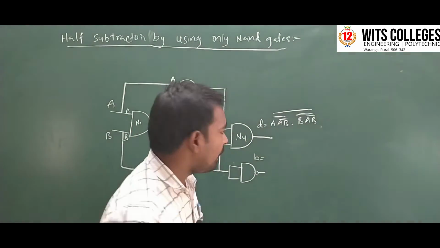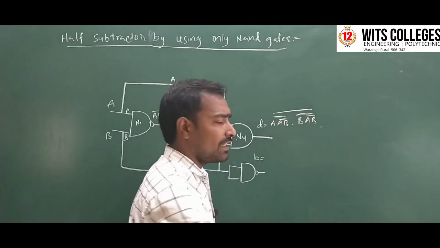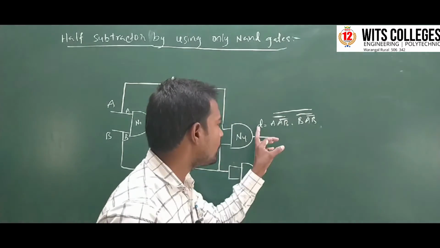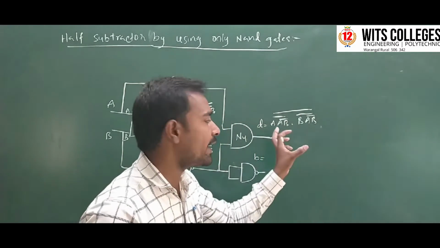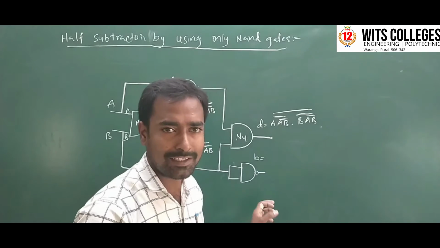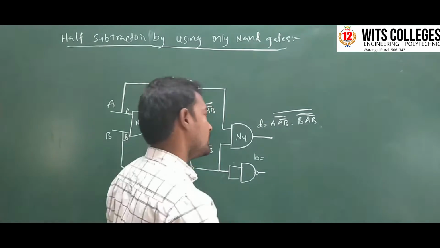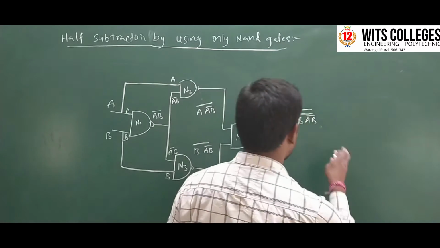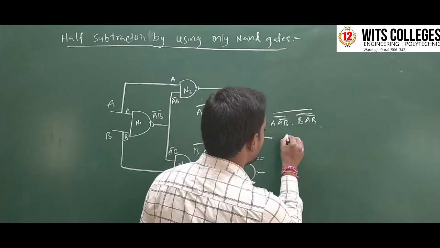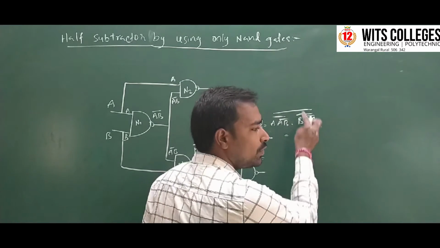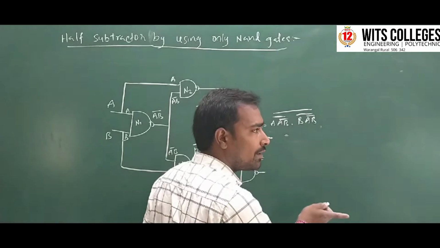Okay, if we simplify this Boolean expression, we will get the output D is equal to A exclusive OR B, that is equal to A bar into B plus B bar into A. So here this is the total actual output, and that can be written as, we have A into B whole bar is equal to A bar plus B bar.